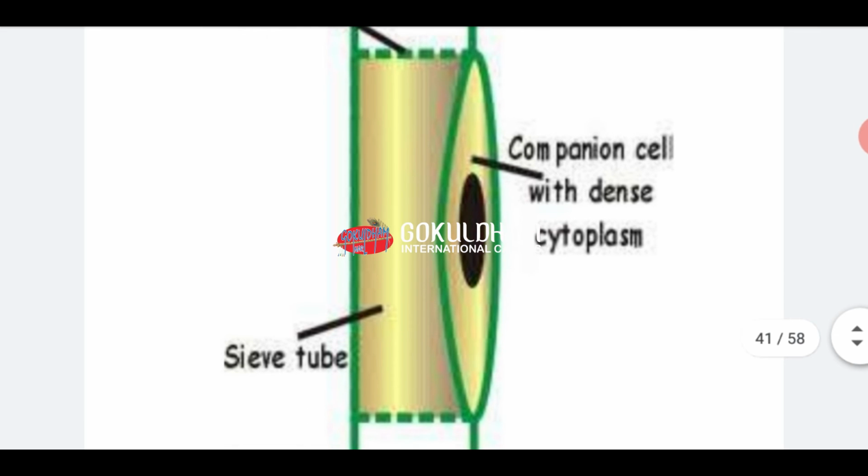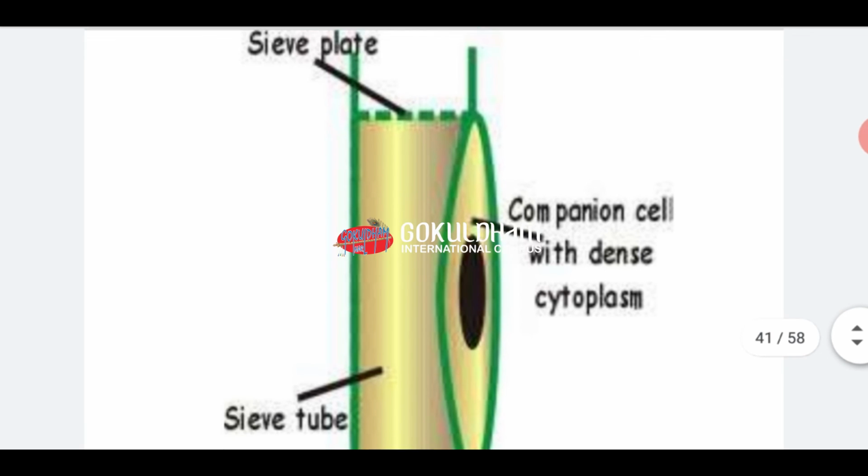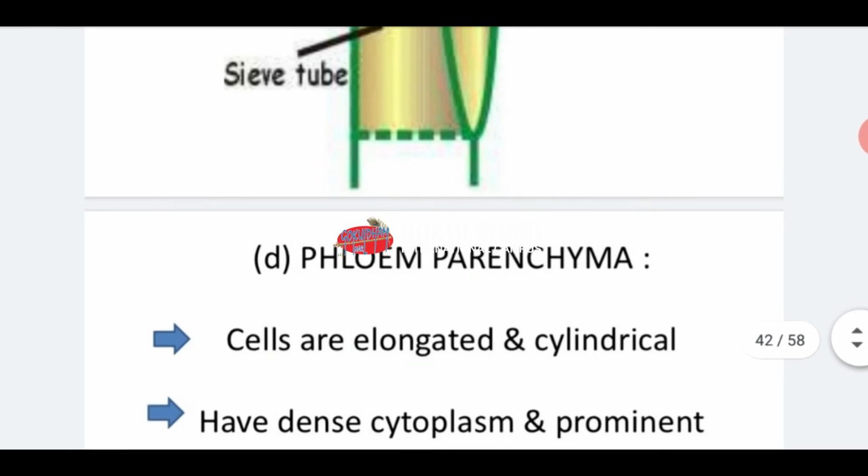You can see this sieve tube and at the side of the sieve tube there is a companion cell present with dense cytoplasm and nucleus, and this sieve tube also has sieve plates.